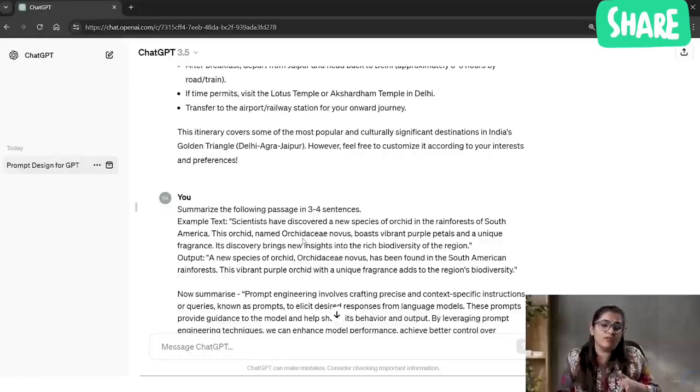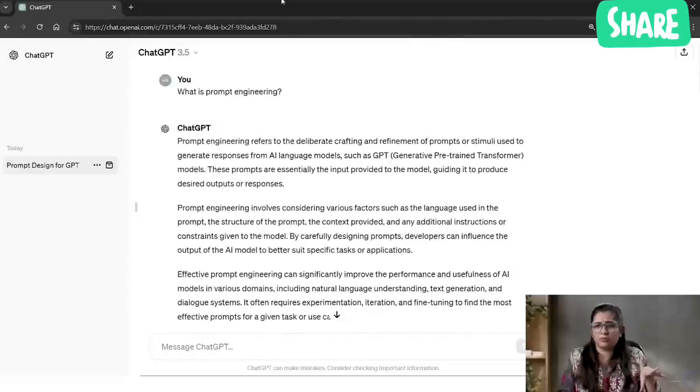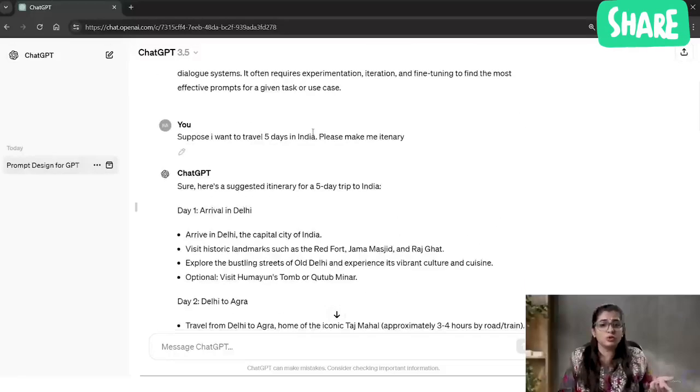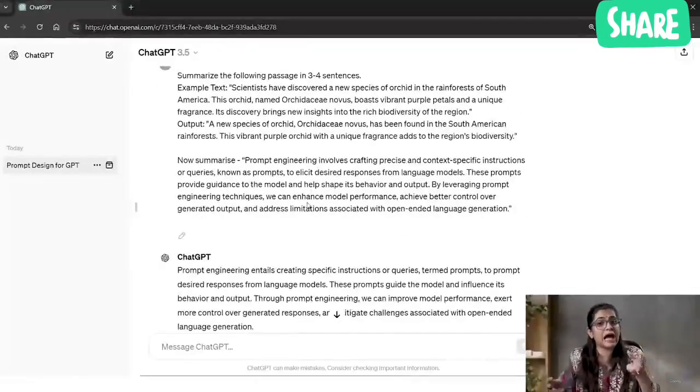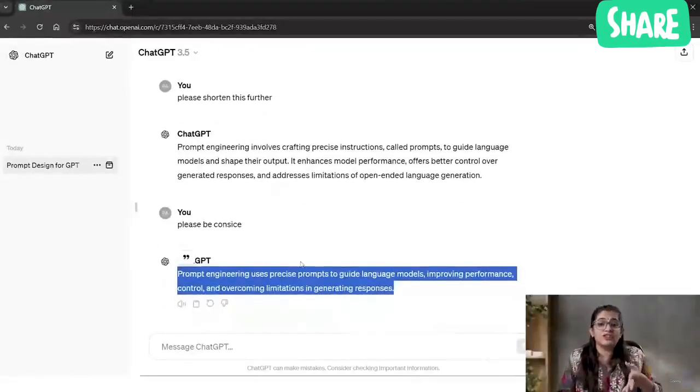So we try to cover from basic content generation, basic query-based prompts, to a traveling itinerary without any information, to text summarization where you're given an example and asking to summarize and giving ChatGPT feedback on it, right? So this is your first prompt. Now let's see different components and further analyze what is a good prompt.